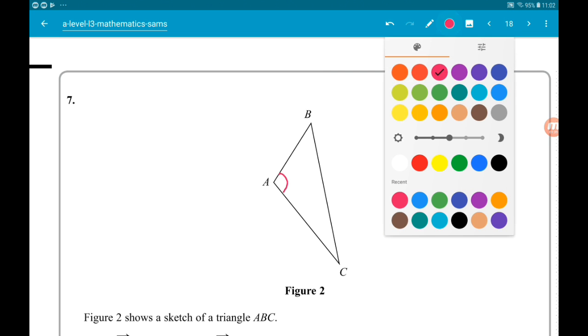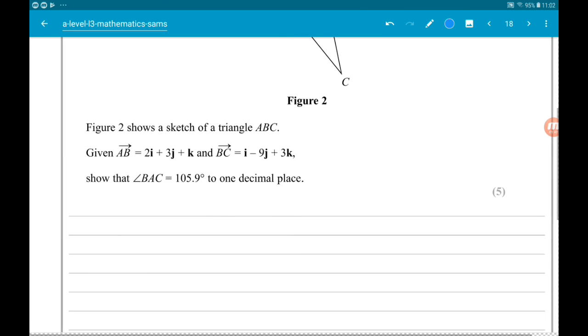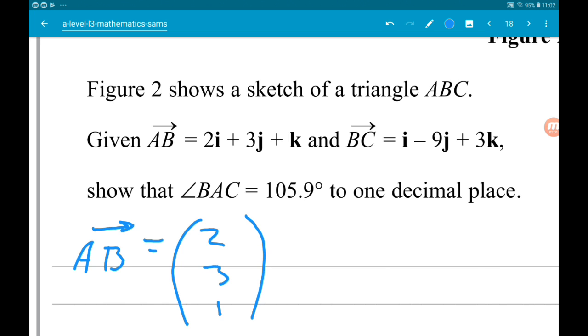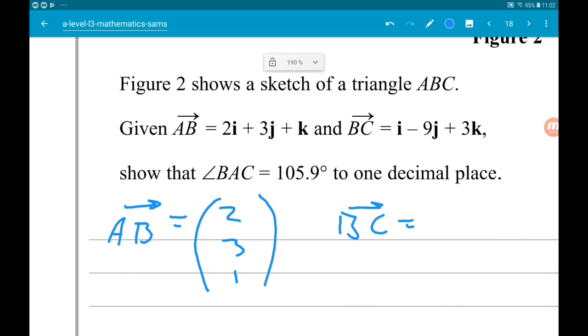So AB is going to be (2, 3, 1). BC is going to be (1, -9, 3).